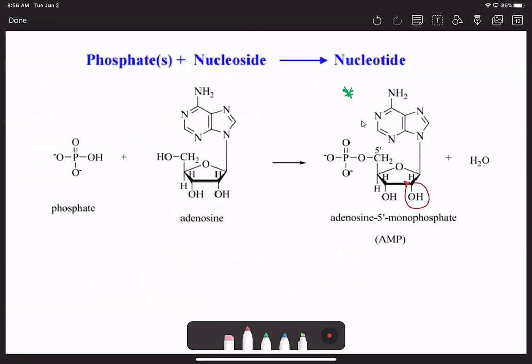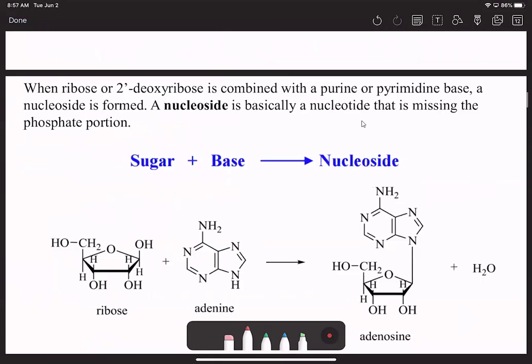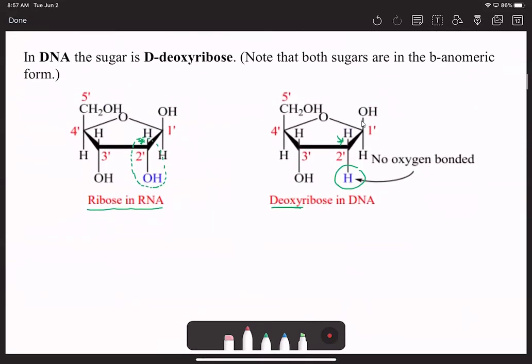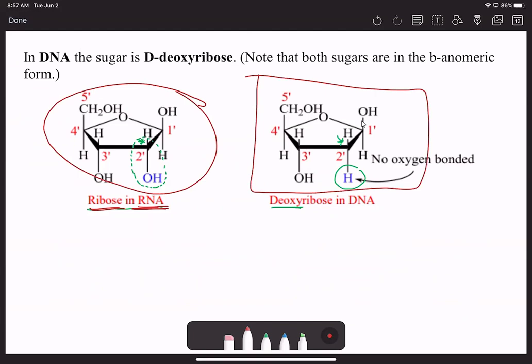I notice that there's oxygen there, meaning that this is ribose, and this is for RNA, because I see that hydroxy group there. And they don't mingle them. We don't put both of them in DNA or RNA. In RNA, the only sugar that's used is ribose. It's not going to be ribose and deoxyribose, and we don't mix them up. RNA only has this sugar. DNA only has this sugar, and we'll never see them mixed together in a strand.